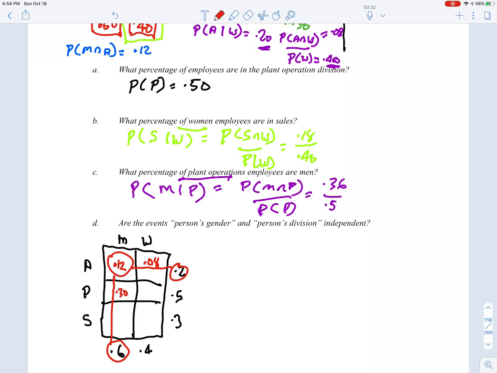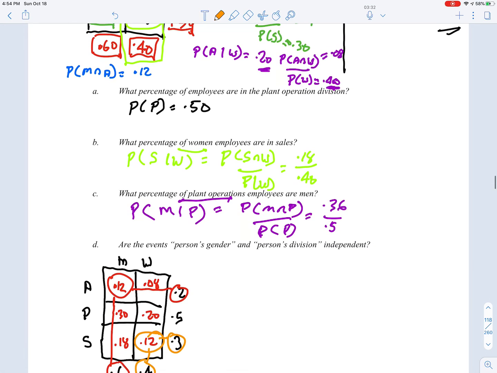And then let's continue on. This would be 0.30. This is 0.20. This is going to be 0.18. And this will be 0.12. So again, in each case, all I'm doing is taking the marginals and multiplying them together. All right, so those are what we would expect if they're independent of each other.